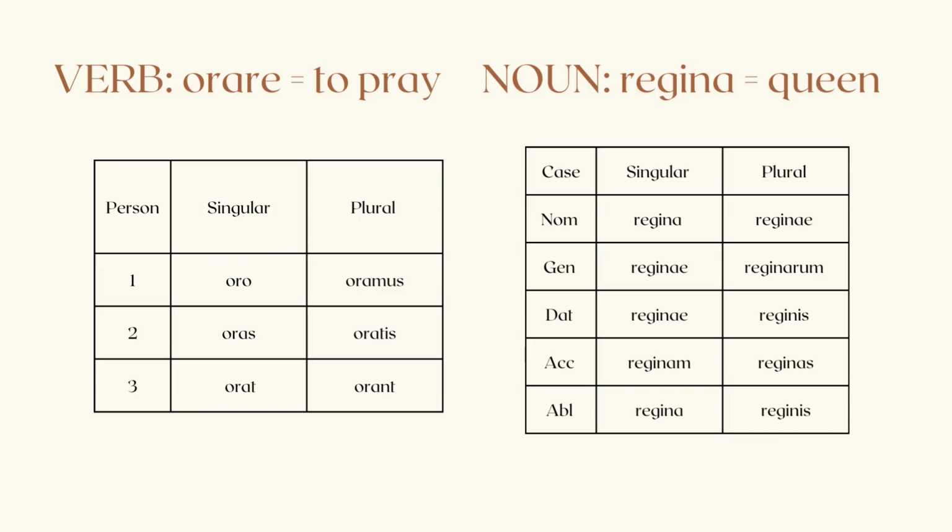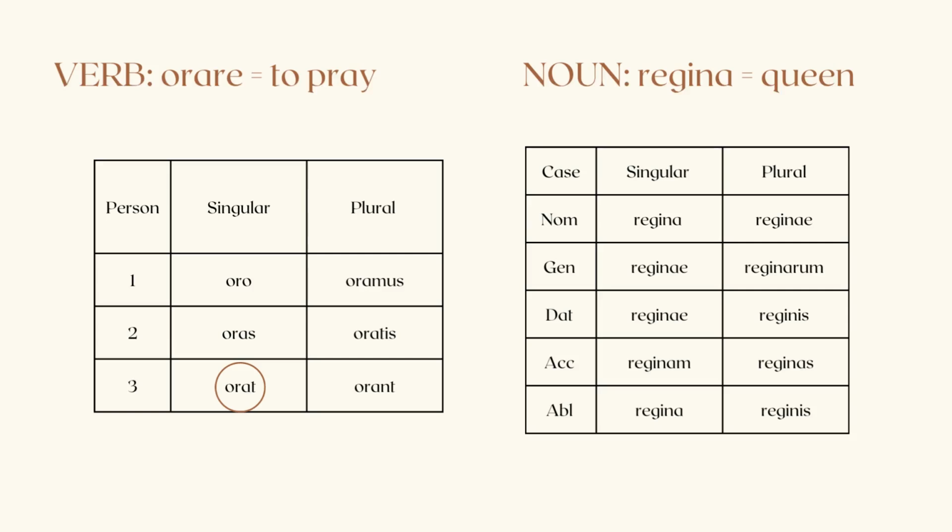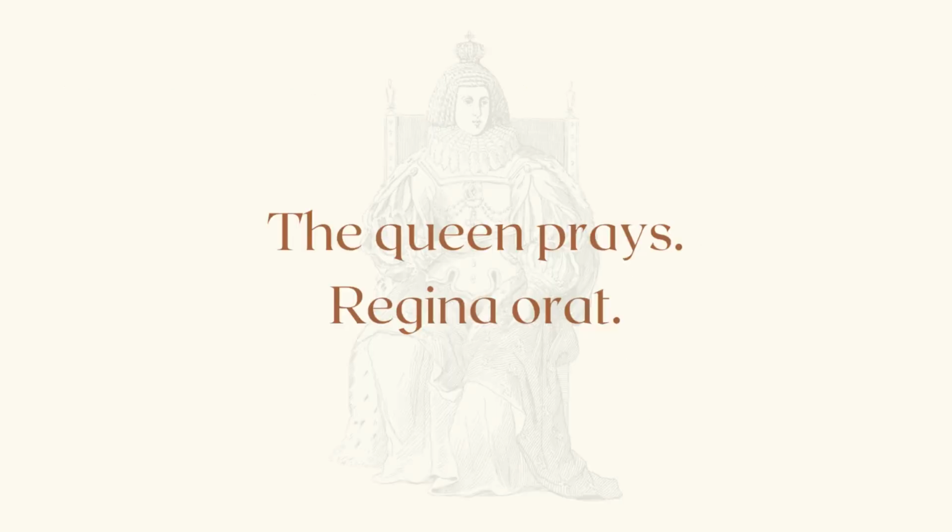So we're saying that someone's doing some praying, so that's the third person singular. And in Latin, we will use orat. And remember, orat could mean he prays or she prays or it prays. Our subject is the Queen, and we need to use the nominative singular form of Regina for that, which is Regina. So our sentence will read, Regina orat.